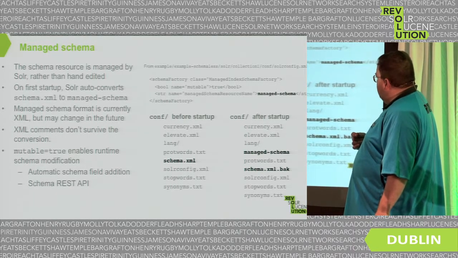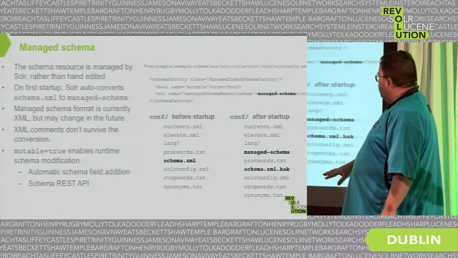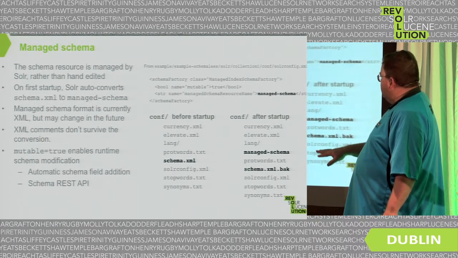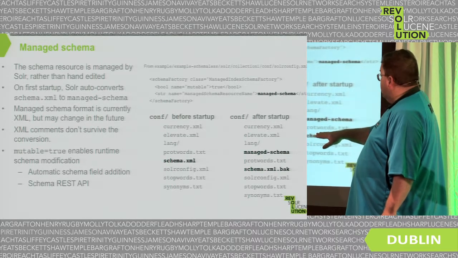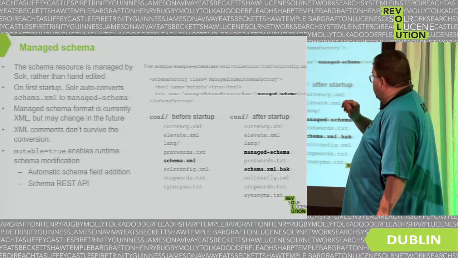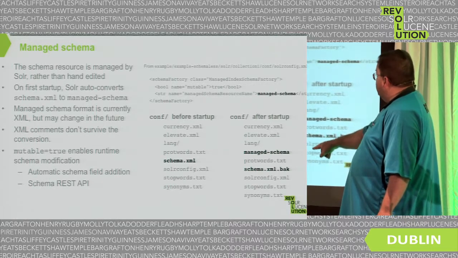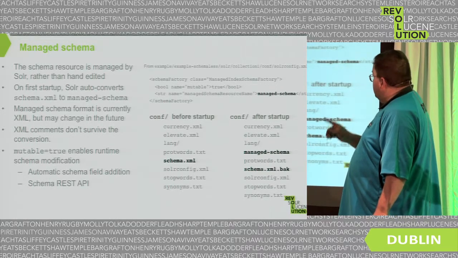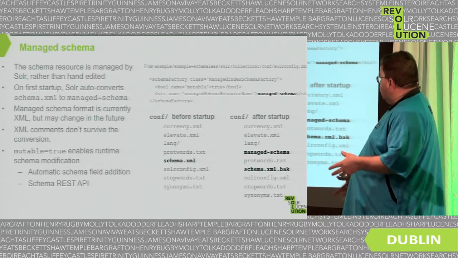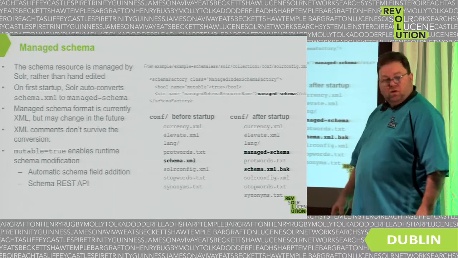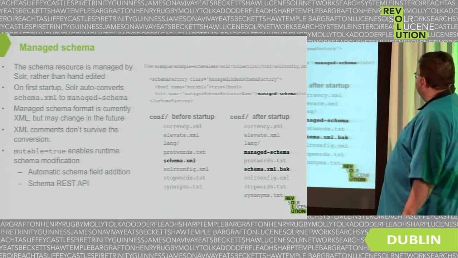So runtime schema modification at this point is used by this feature that's required for Schemaless Mode, the automatic schema field addition, which I'll be talking about a little bit later, and for use of the schema REST API. So both of these use the same back-end feature that allows for runtime schema modification.